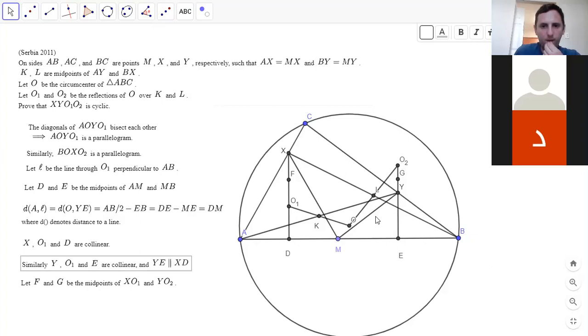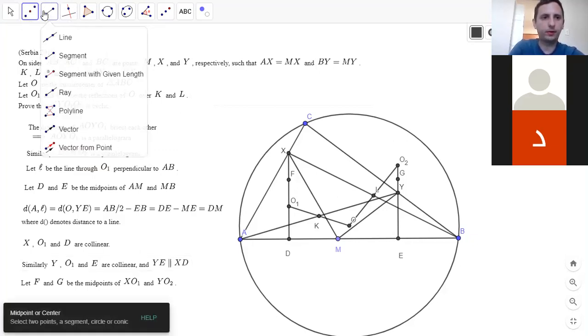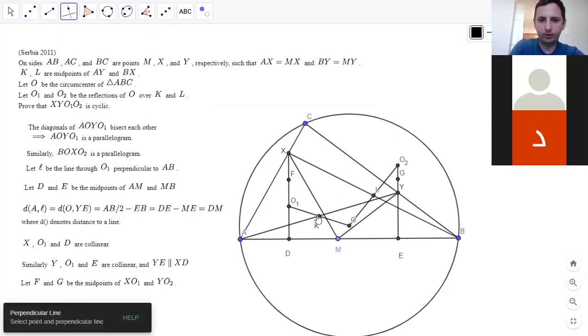You know what? There's an easier way. Let me drop a whole bunch of perpendiculars. This is kind of silly, but I'm pretty sure it works.